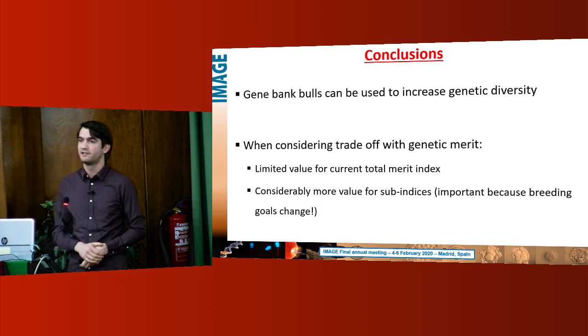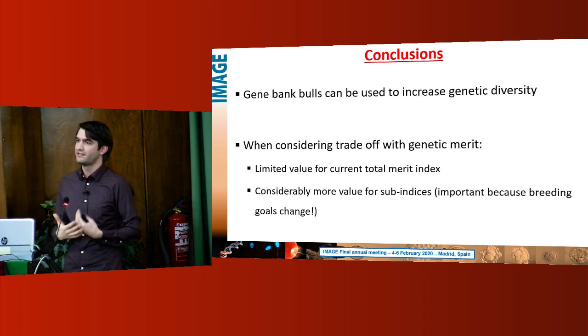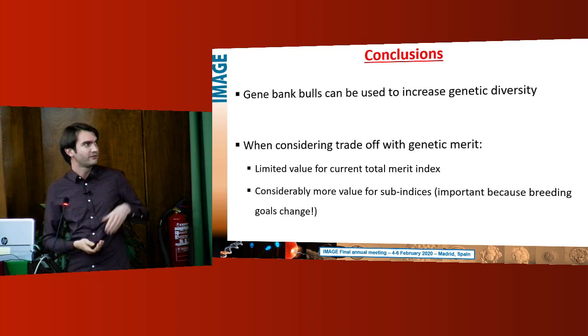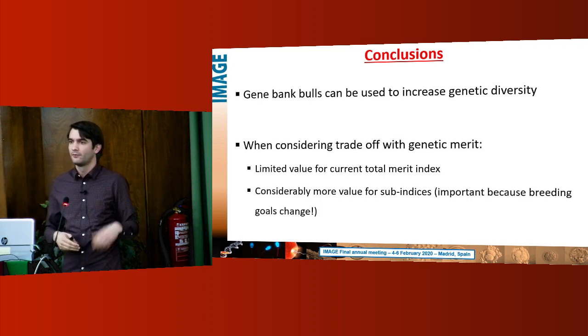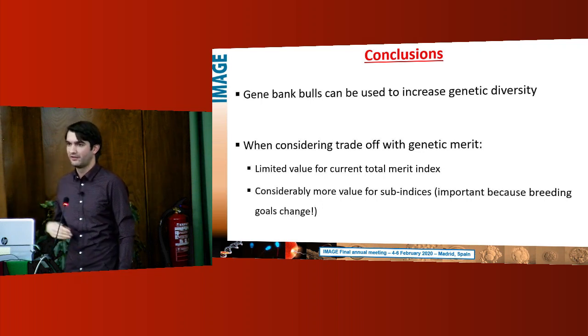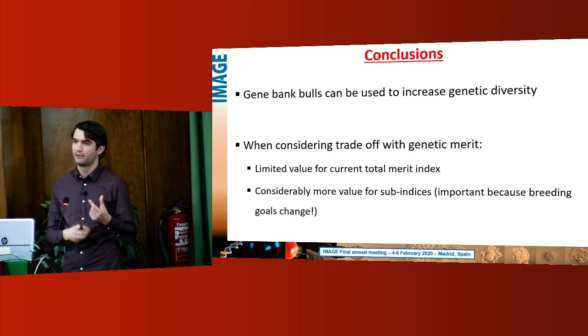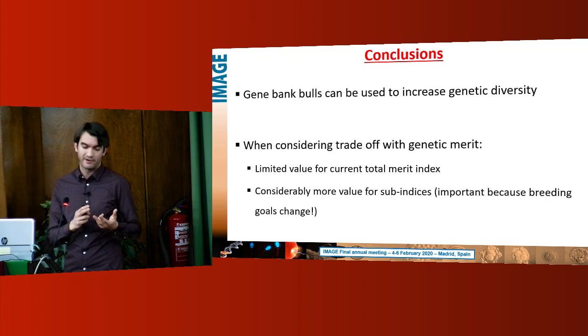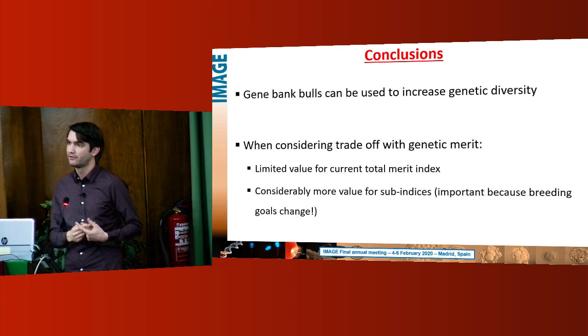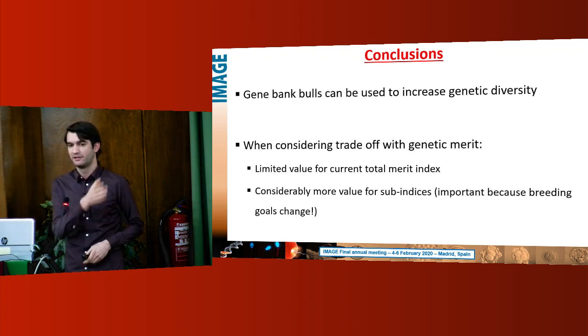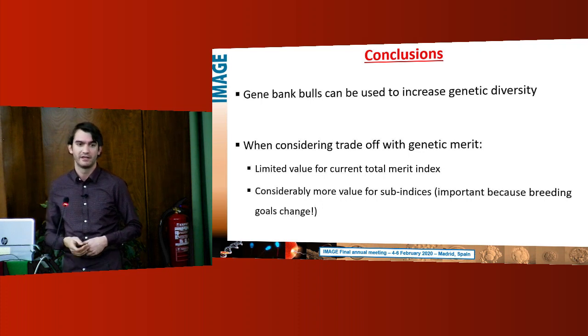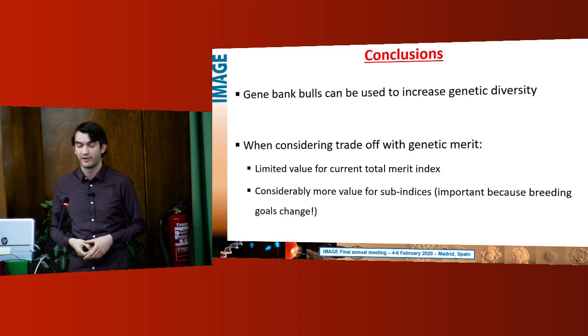And this is important, especially because breeding goals change over time. What is currently the total merit index will not be the same total merit index in 20 years or so. The components will get different weights, and perhaps we will also include new traits. And for those new traits, there might actually be valuable information in the gene bank that we're currently not aware of.